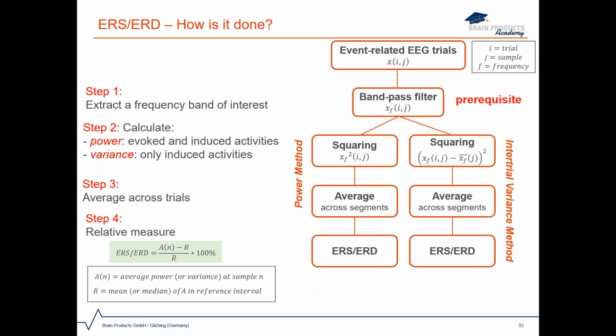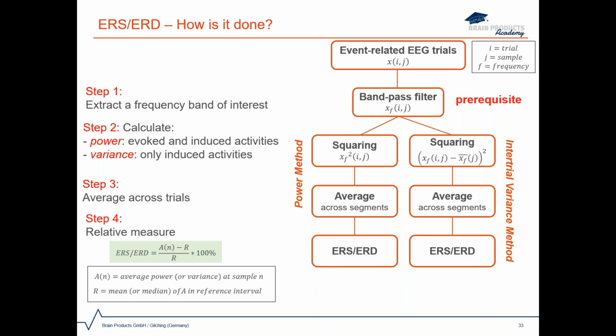The original paper suggested that the median can be used alternatively as well. Then, it is divided by the mean of the reference and finally multiplied with 100%. In other words, the power of the signal is expressed with respect to the reference, whereby the reference is defined to be 0.